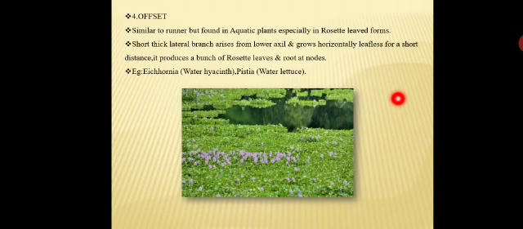Third one is rhizome, for example Zingiber officinale, turmeric. Fourth one is tuber, for example potato. These underground stem modifications will be described in the next classes. Before that, note that the underground stem modifications are meant for vegetative propagation purposes. The main function is vegetative propagation.